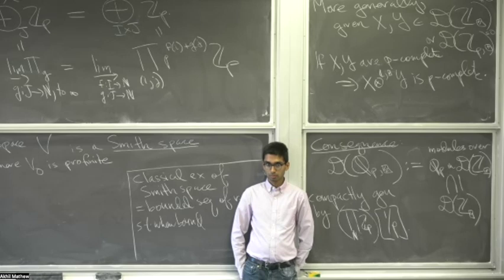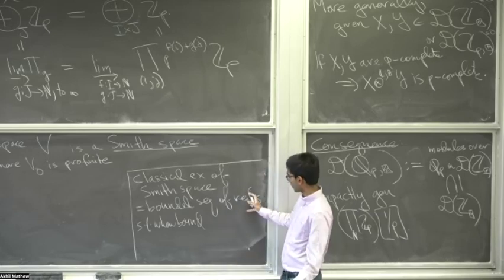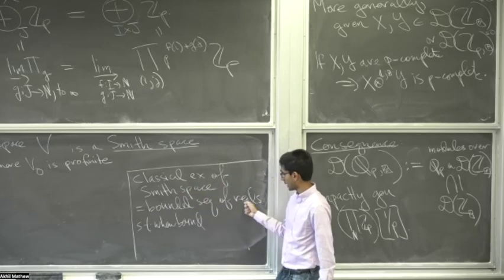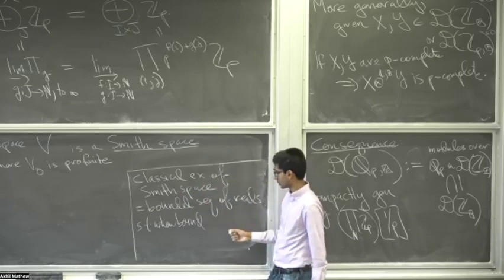I'm talking about something like a version of the big topology. I think the answer is that it's not a norm. So classically the analog would be, again, the same as here: bounded sequences of real numbers.